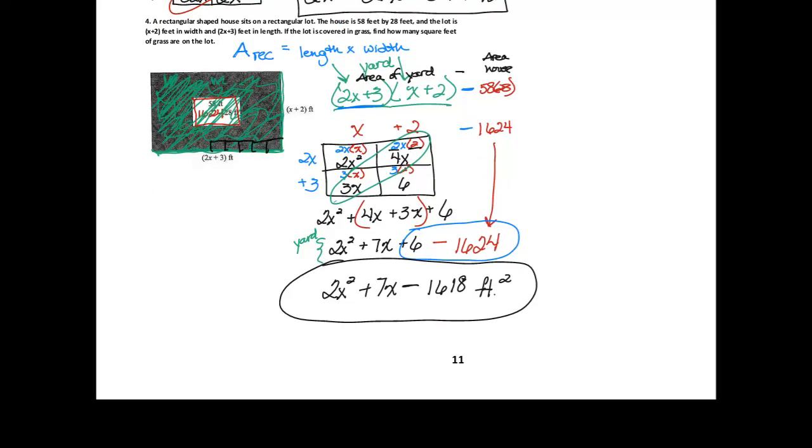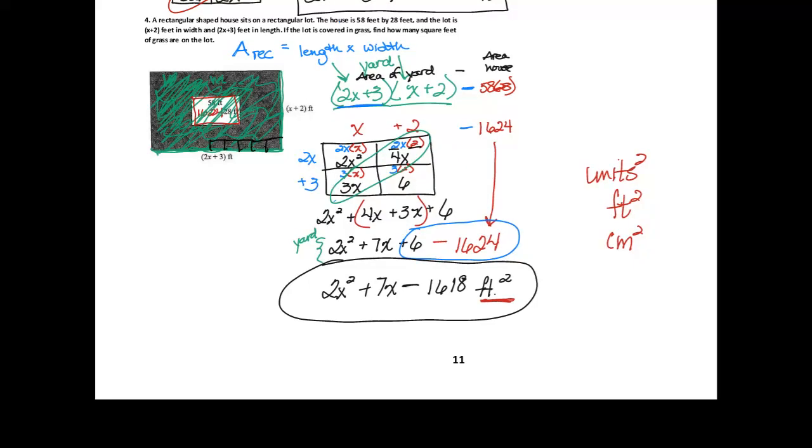Now, Miss Dee, what if I don't put the right ending? Well, I would love for you to have the correct ending, but I'm not going to take off for that, okay? But area is always in units squared. So whether it's feet squared, centimeters squared, inches squared, whatever it is, that is your final answer, okay?